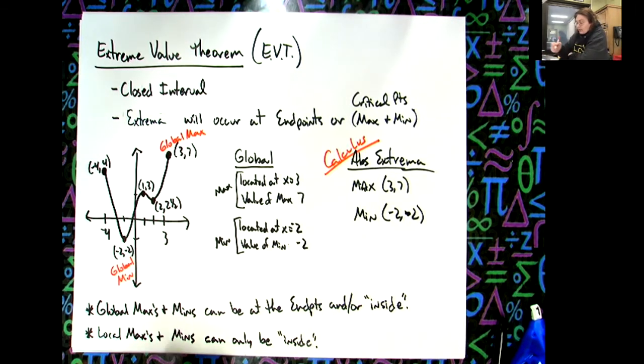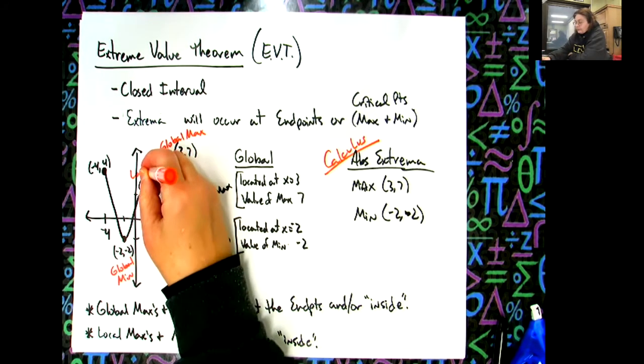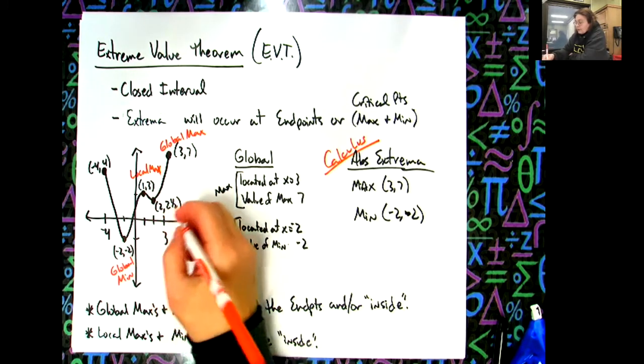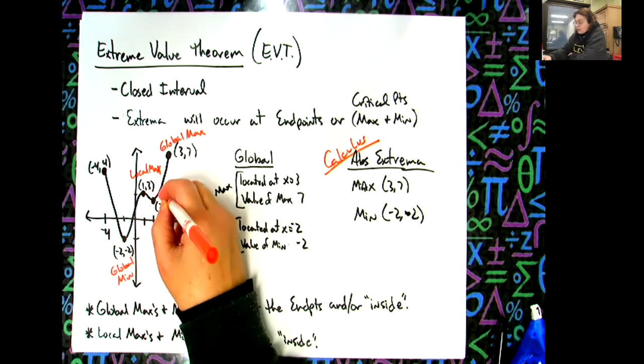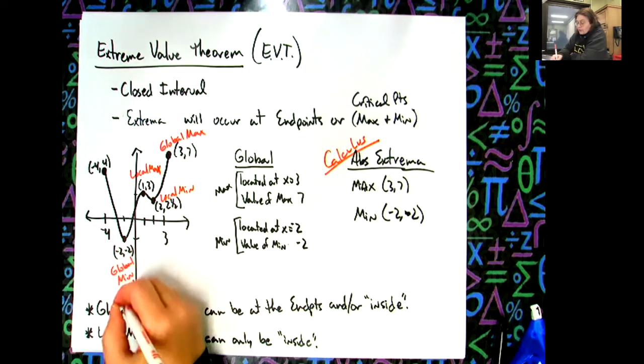I'm going to label this one as local max. I'm going to label this one, I'm running out of room to write, local min. And I'm going to label this one also as a local min.